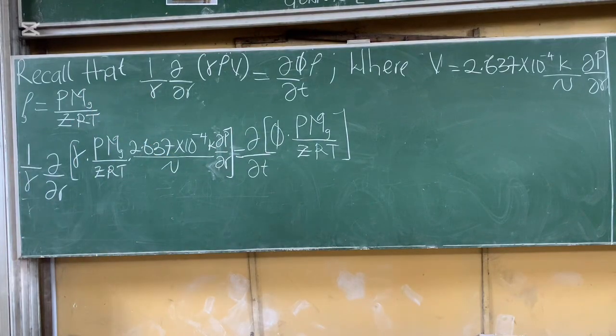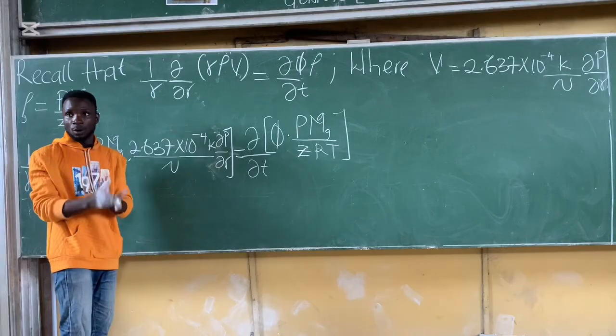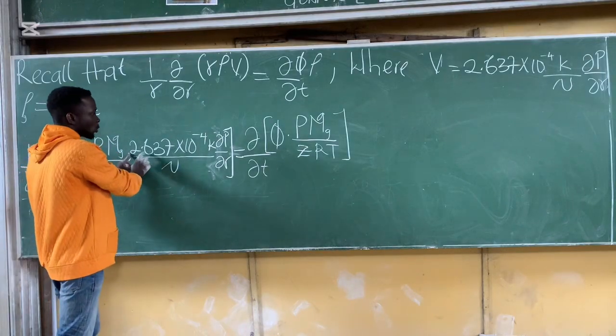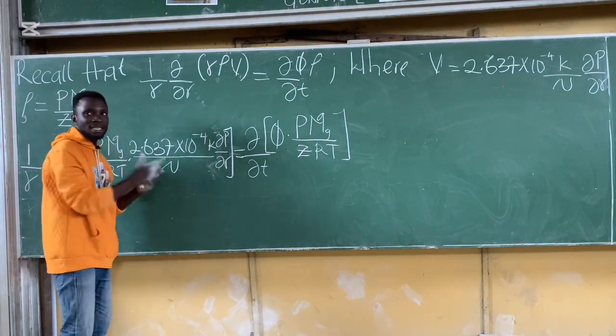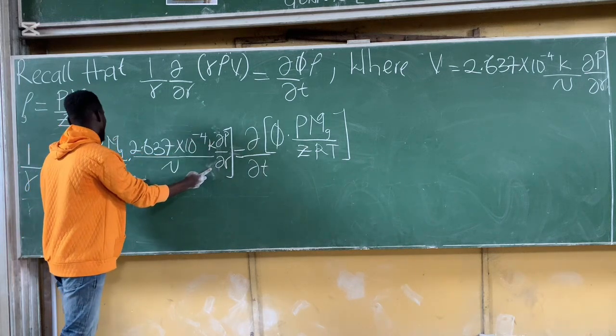Remember what we did in our last class: we factor out the constants. In this case, the constants are these parameters.